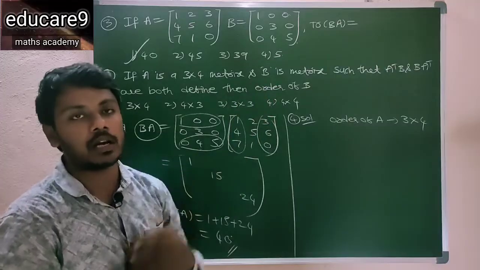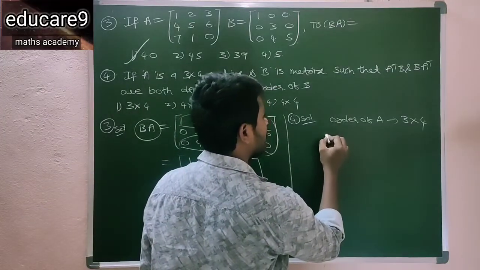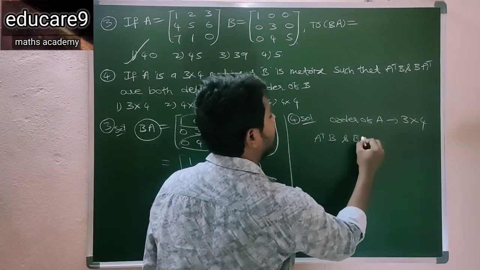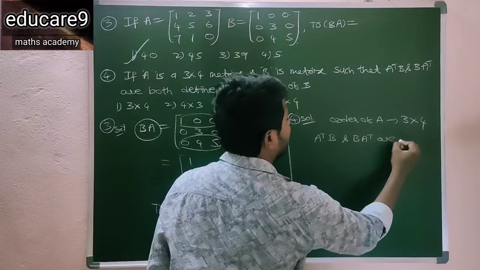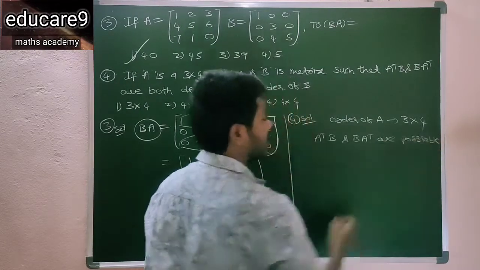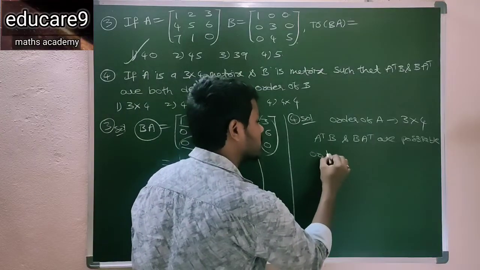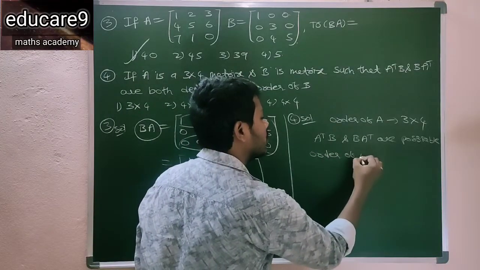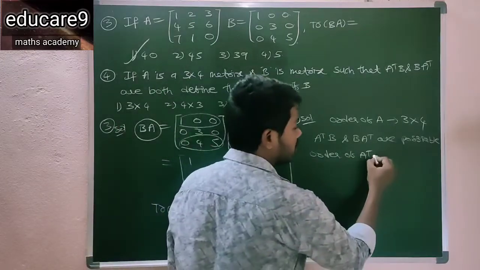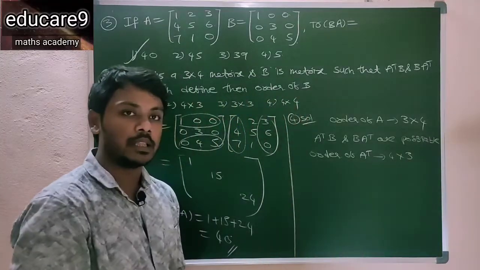Then find the order of B. See here, what is the order of A transpose? Rows become columns, columns become rows. That is, the order of A transpose is 4 by 3.